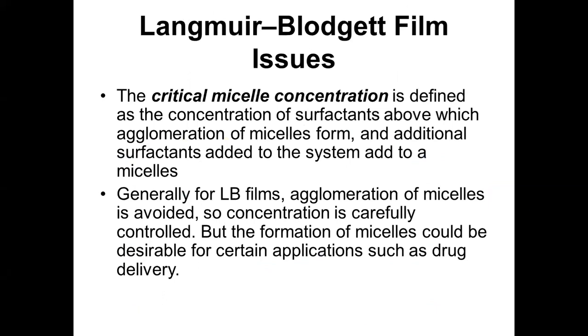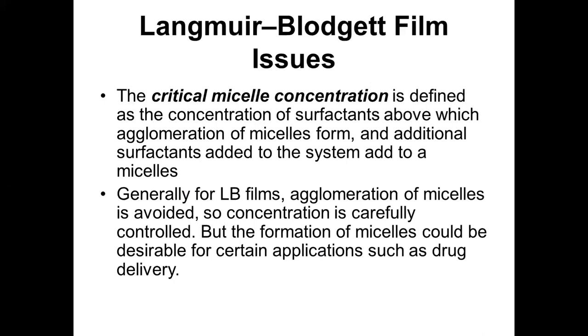In addition, the surfactants added to the system add to micelles that previously exist. Generally for Langmuir-Blodgett films, agglomeration of micelles is not desired; it's to be avoided. So we have to watch the concentration and control it well so that we don't form micelles. At a certain energy threshold, the micelle becomes thermodynamically more stable than the solution.